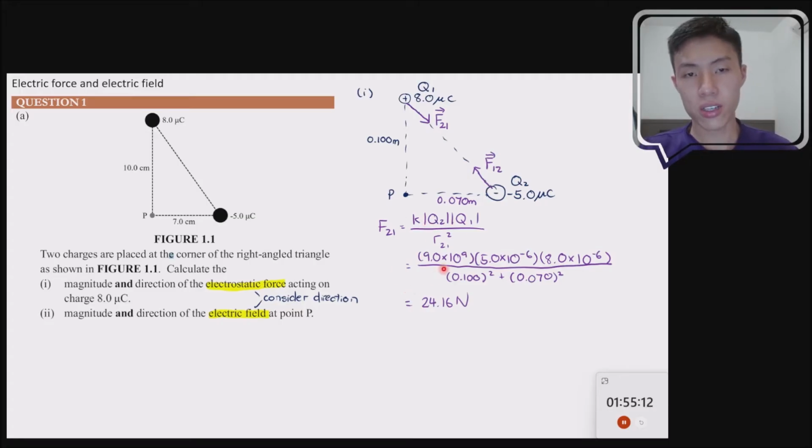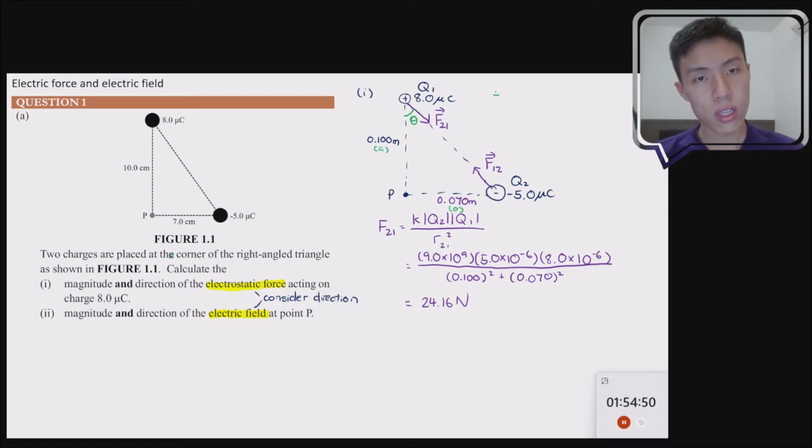How about the direction? For the direction here, we know that we need to find this angle over here. Okay, this particular angle, we need to find it first. Okay, so let's label it in green. This is the angle theta. So to find this angle, we see that this is the opposite and this is the adjacent.